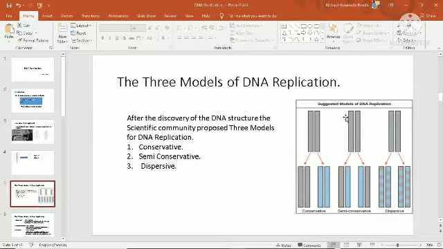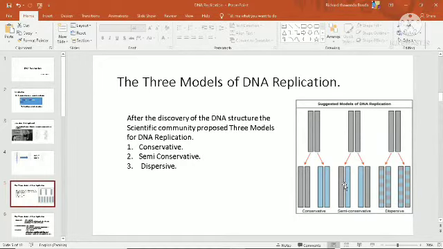The other model which was suggested was the semi-conservative model. In the semi-conservative model, after the replication, you have two DNA molecules.